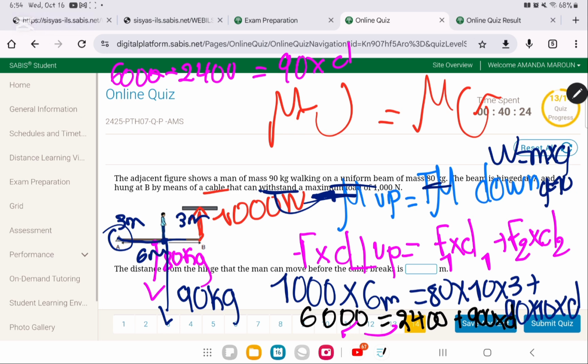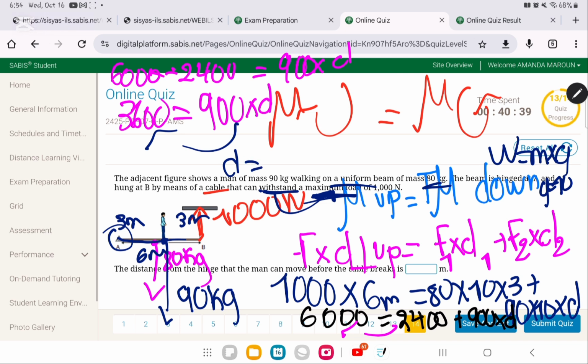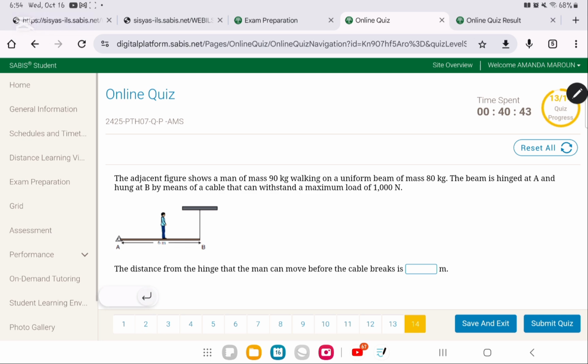So 6000 minus 2400 is 3600. Okay, 3600 is equal to 900 times the distance. Move 900 to the other side, you get that the distance is 3600 over 900, which is 4 meters. So let's put 4, and inshallah, there are no mistakes.